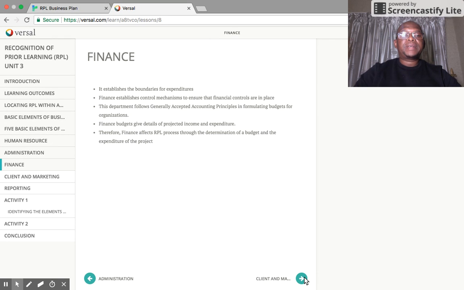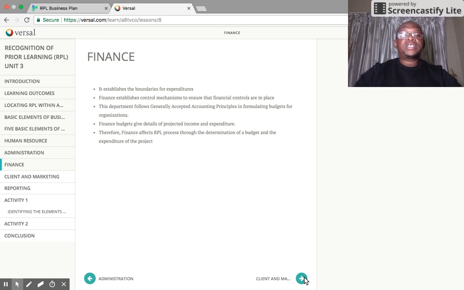The finance department, on the other hand, establishes the boundaries for expenditure. It establishes control mechanisms to ensure that finances are controlled in a correct way. This unit follows generally accepted accounting principles in formulating the budget for the organization.